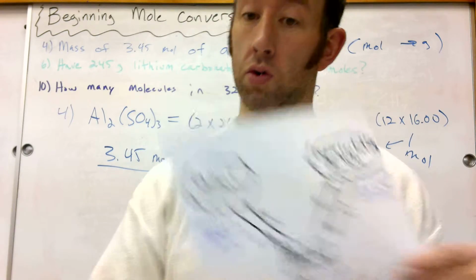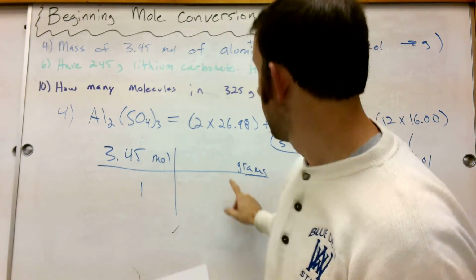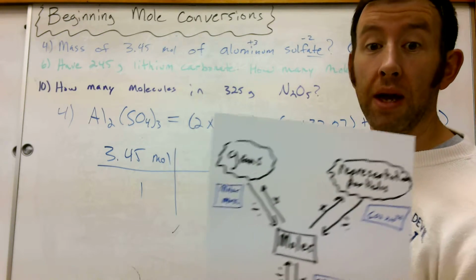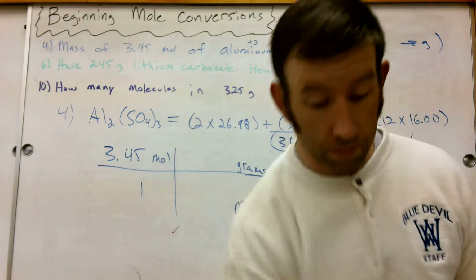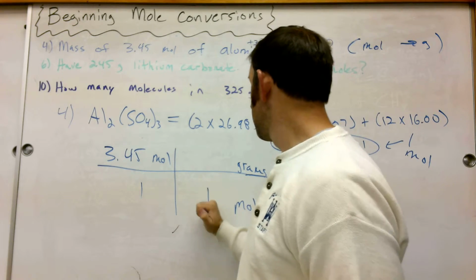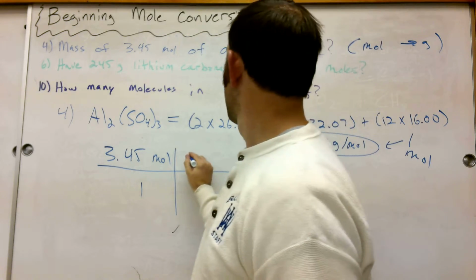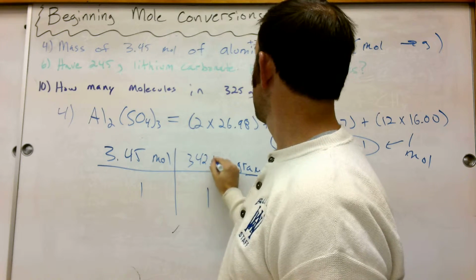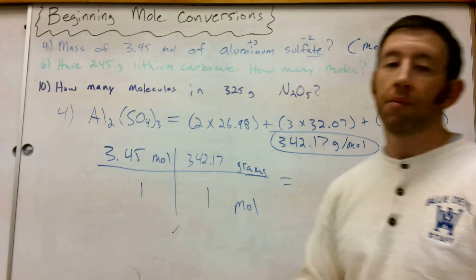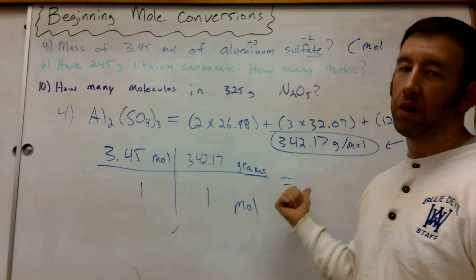It's that simple. So I'm going to plug those numbers up there and keep track of units. Grams goes top because that's the unit I want in my answer. In 1 mole, there are 342.17 grams. I'm not writing the aluminum sulfate in there; I'm going to put it in my answer.